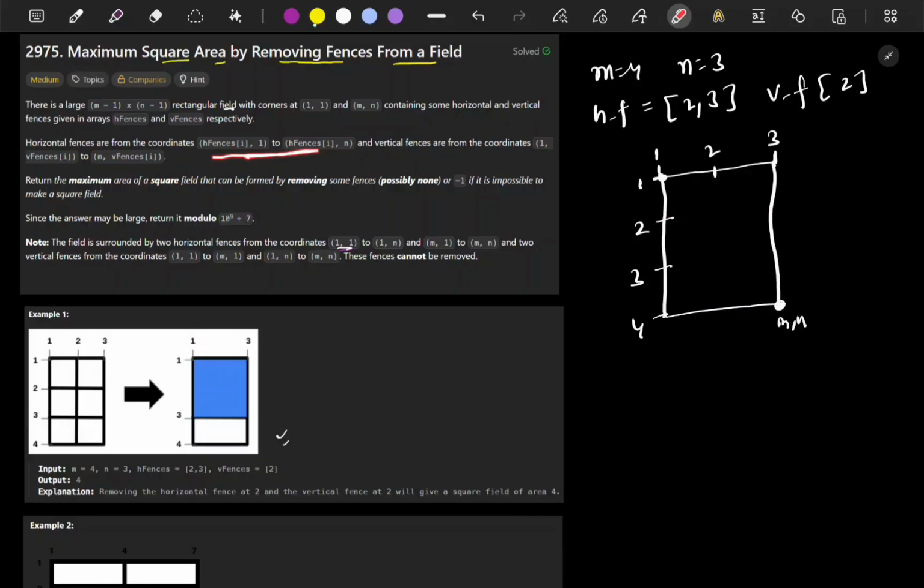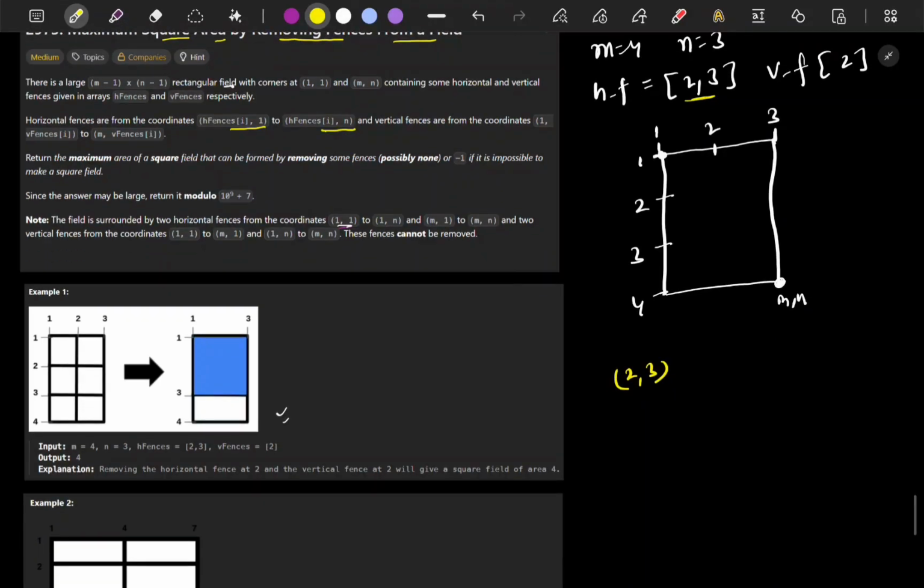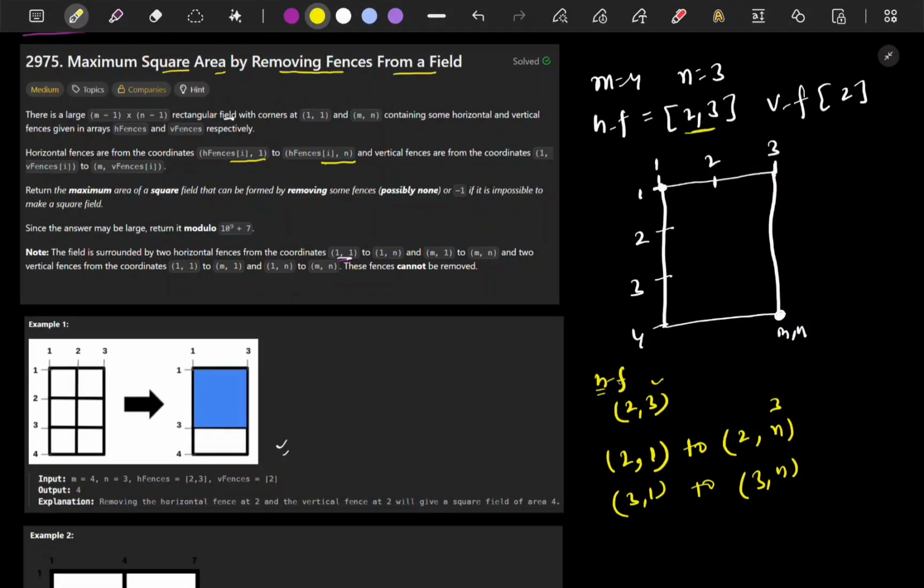Because it is given here: a horizontal fence is from (hFences[i], 1) to (hFences[i], n). For hFences [2, 3], one horizontal fence is from (2,1) to (2,3), passing through (2,2). The other one is (3,1), (3,2) and (3,3). So these are two horizontal fences.